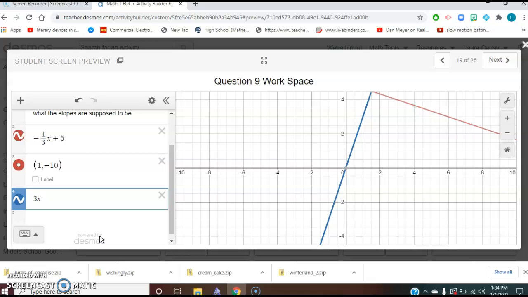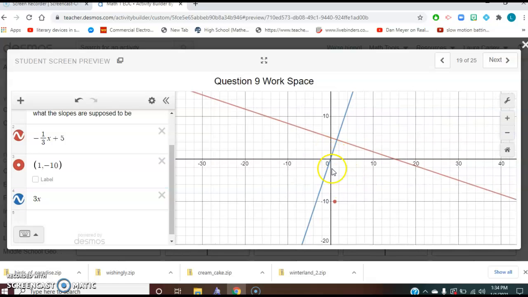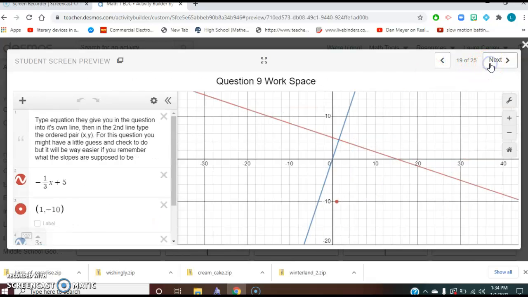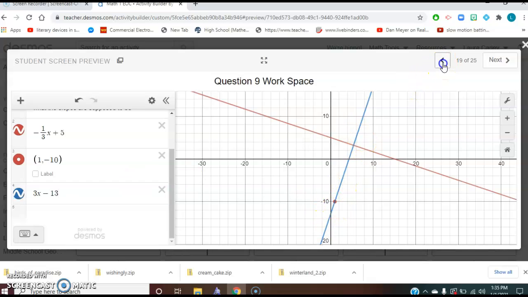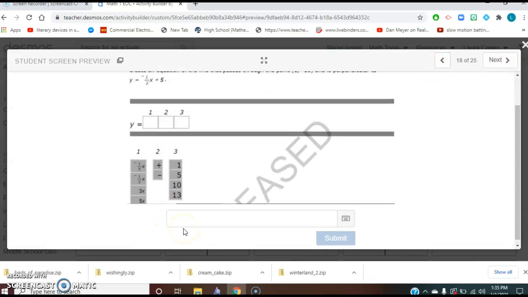This line has to go down to go to that point. So it's probably minus, let's just try minus 10 and see if that works. Nope, let's try minus 13. There we go. So now it's going through that point, and that looks perpendicular to me. So this would be 3x minus 13.